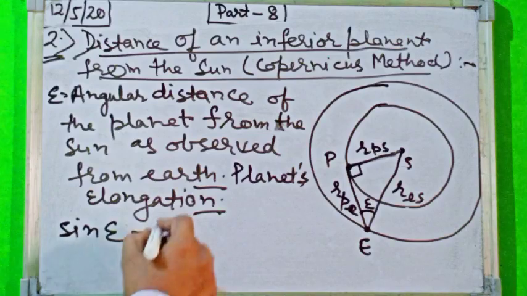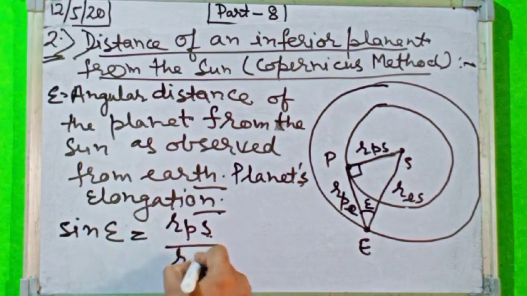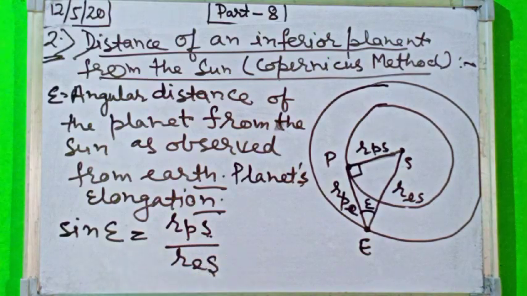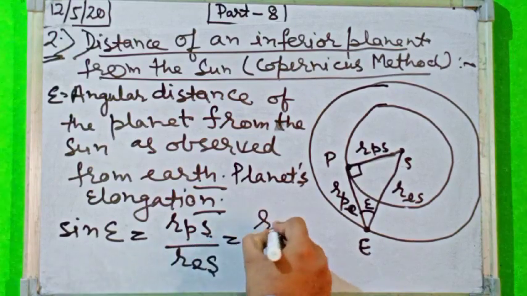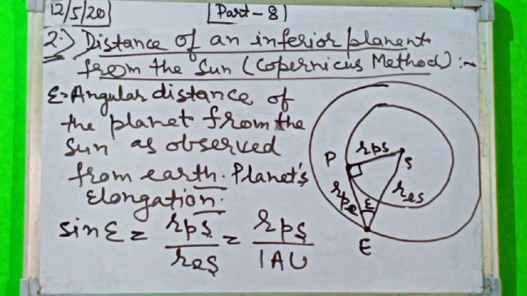Perpendicular upon hypotenuse means RPS upon RES, and RES can be taken as 1 astronomical unit. The distance between the earth and the sun is measured as 1 astronomical unit, and we will define it and discuss its value later.